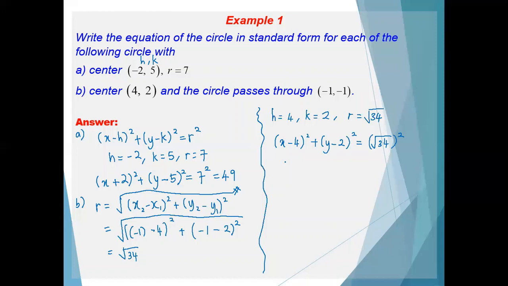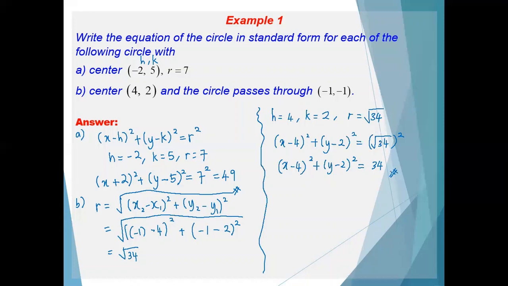So it becomes (x minus 4) squared plus (y minus 2) squared is equal to (square root 34) squared. The square root and square cancel, so you got 34. Okay, so that is the answer for B.